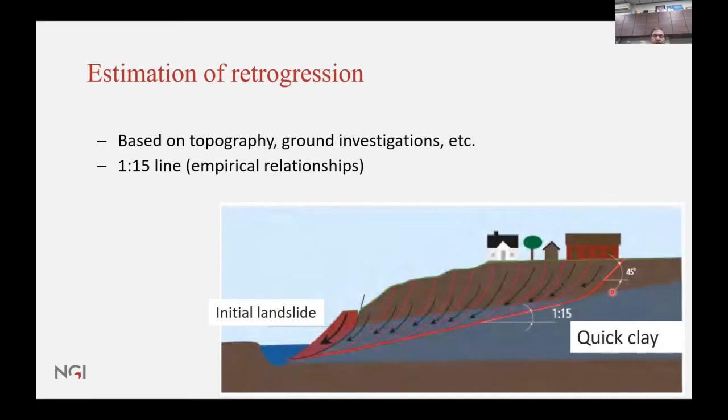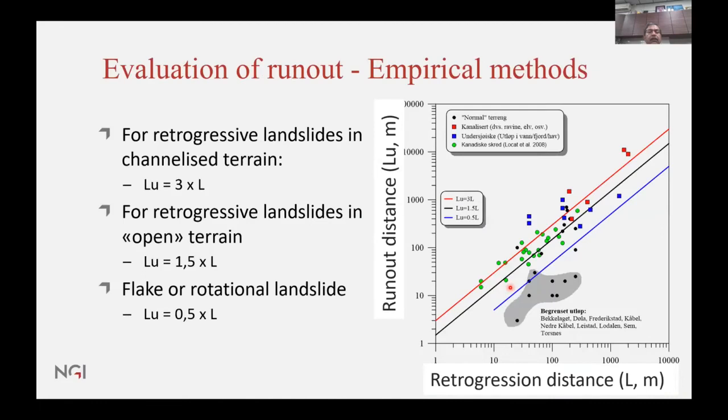And then when we get out of the quick clay, we draw a 45 degree angle. This is based on empirical data, and 90% of our landslides would fall within these methods. And then the last part will be to evaluate the runout distance.